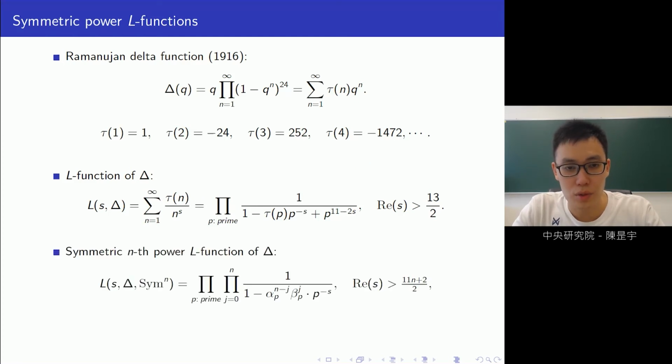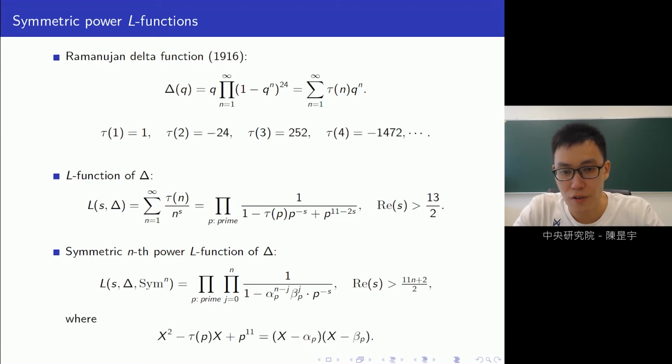More generally, we can define the so-called symmetric nth power L function of delta, denoted L(s, delta, Sym n). Here n is a positive integer. It is defined by an Euler product, and this time the Euler factor is of degree n plus 1. For each prime p and each integer j from 0 to n, the corresponding factor is 1 minus alpha p to the n minus j times beta p to the j times p to the minus s.